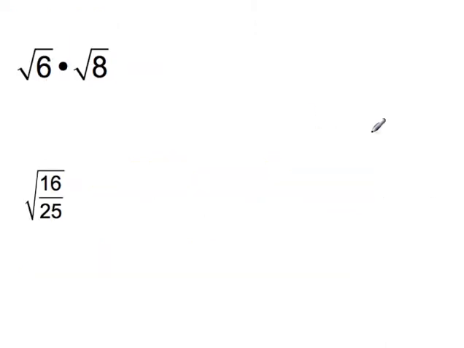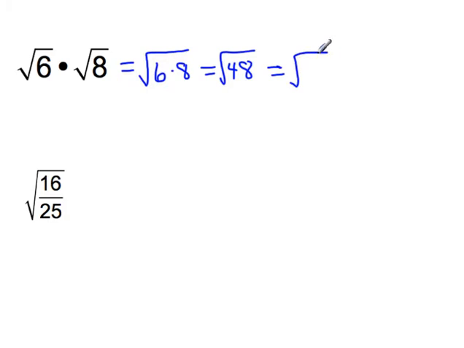Square root 6 times square root 8. When you have those multiplied together, I would first put those together using the product property. I would take 6 times 8, so it would be the square root of 48. Now think about your perfect squares again. What's the biggest perfect square that goes into 48? If you go through that list, you'll find out that it's 16.